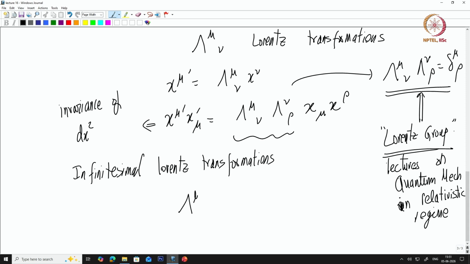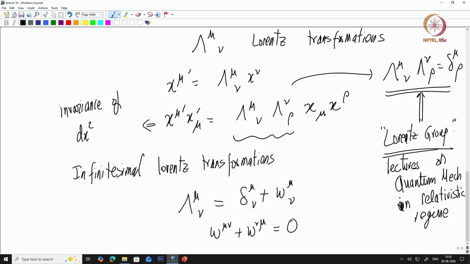So lambda mu nu, I can think of in terms of infinitesimal Lorentz transformations. It's delta mu nu plus omega mu nu. Now there are symmetric and antisymmetric parts, and omega is antisymmetric, so omega mu nu plus omega nu mu will be 0.